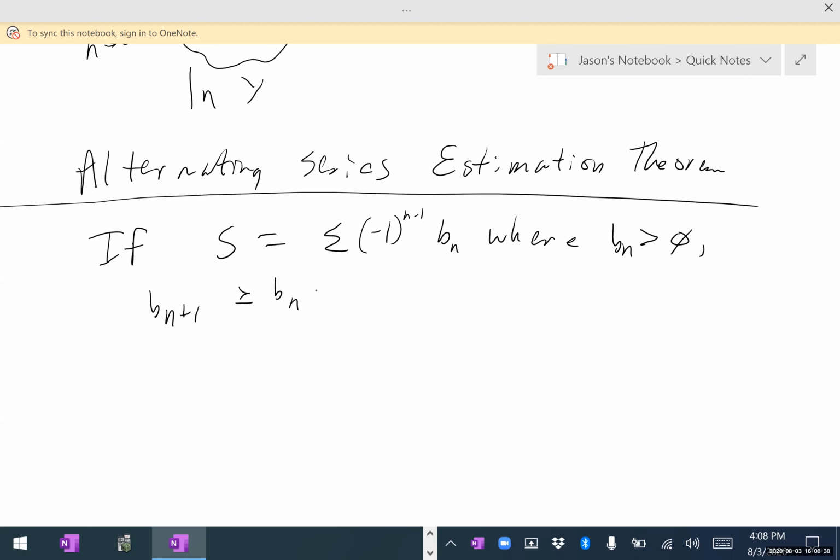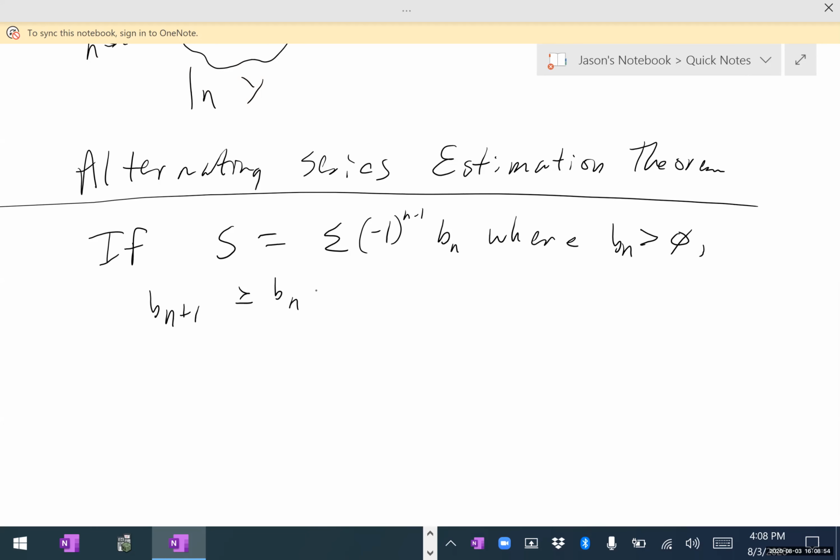I think it should be decreasing. Let me check real quick. Otherwise, I wouldn't get a sum on this. It would just go on forever. Let me make sure my inequality is correct.